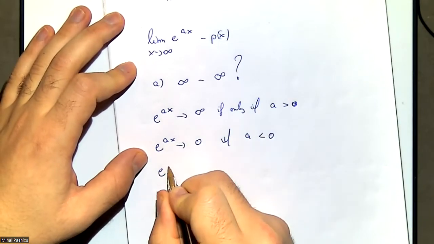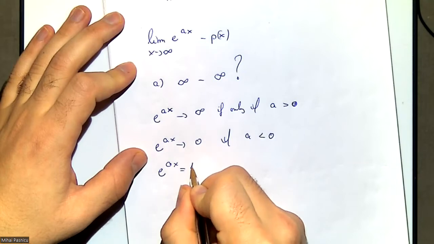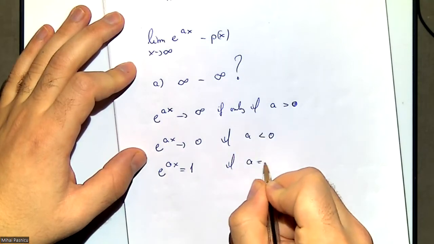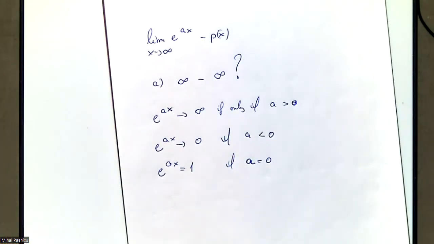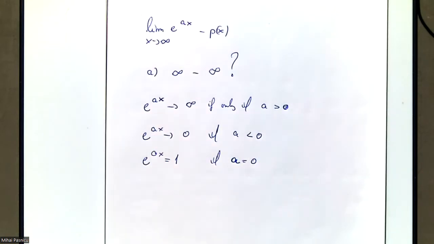If a is 0, this is just equal to 1. If a is positive, that's pretty obvious. But the question is, why is the other case true for negative a?